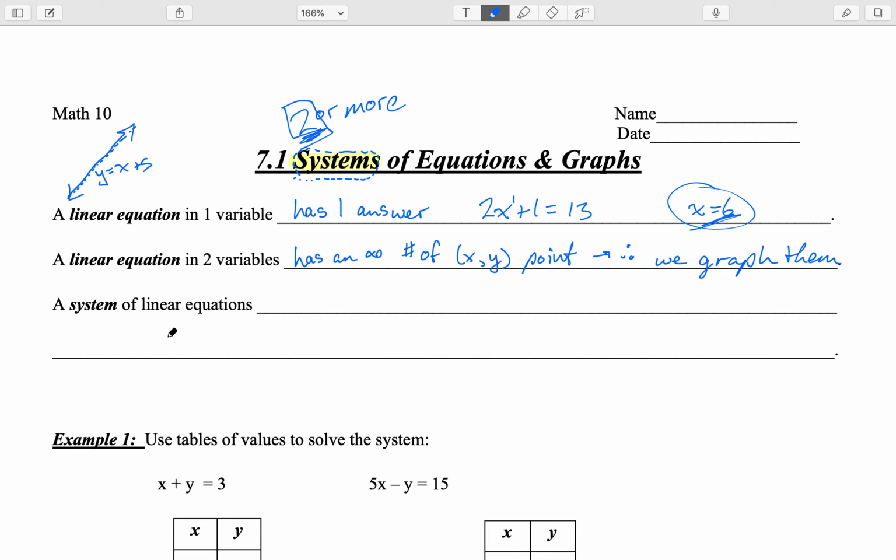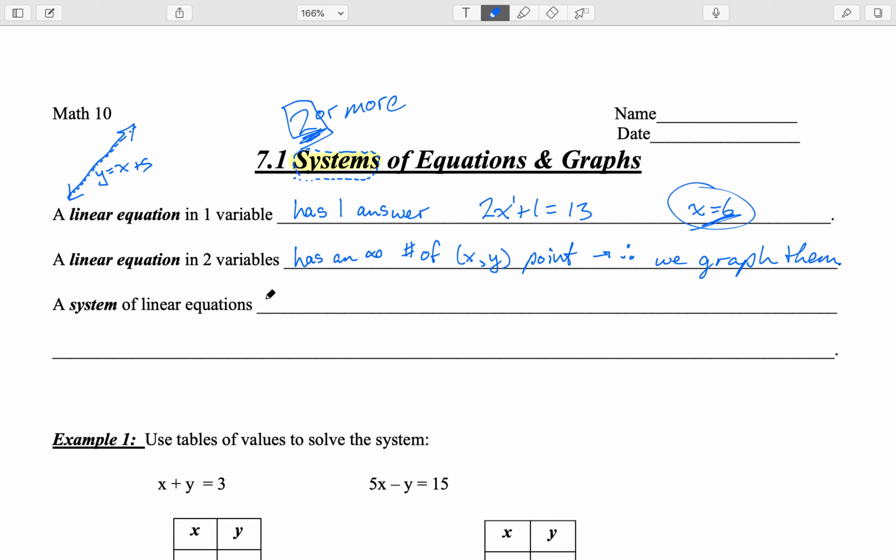So a system of linear equations is really going to be two or more equations in two variables, right? Usually we'll just do two. Two variables, so there's both x's and y's. So what is the answer? Well, seeing as there's an infinite number of x and y points that work for one and an infinite number that work for the other, it's going to be where do they cross?